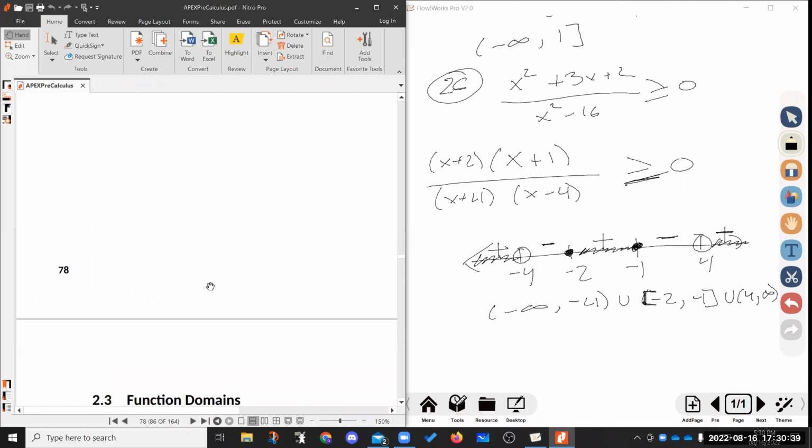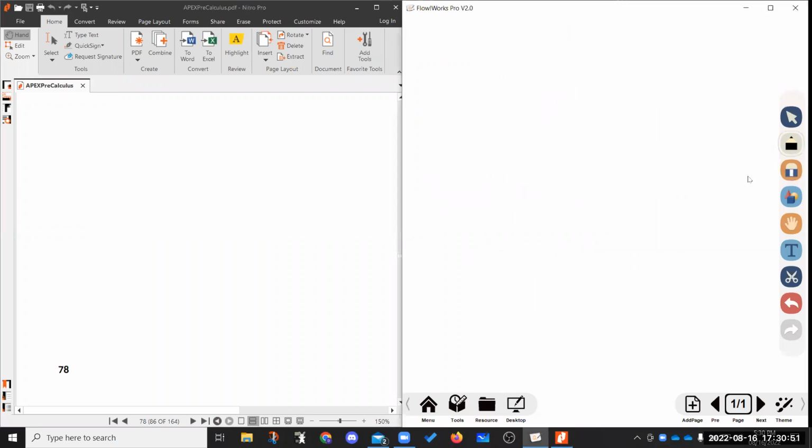That's it. So next time we're going to come back, we're going to talk about domain a little bit more. I mentioned it this time, but we're going to mention it more specifically and how these inequalities play a part in it, because we're going to say we're not allowed to divide by 0, which we just did with rational inequalities. We're also not allowed to take the square root or any other even root of a negative number.